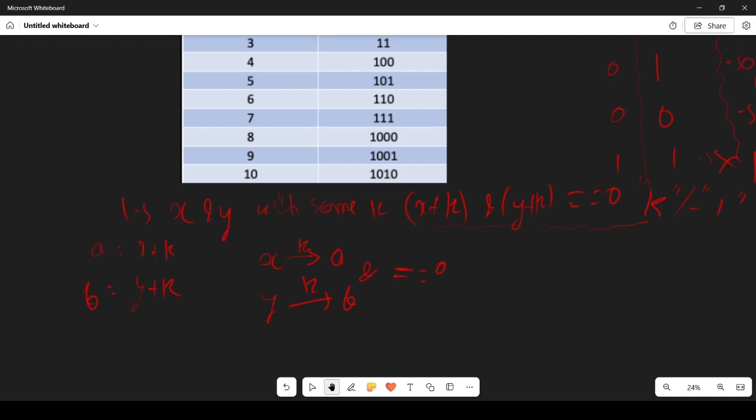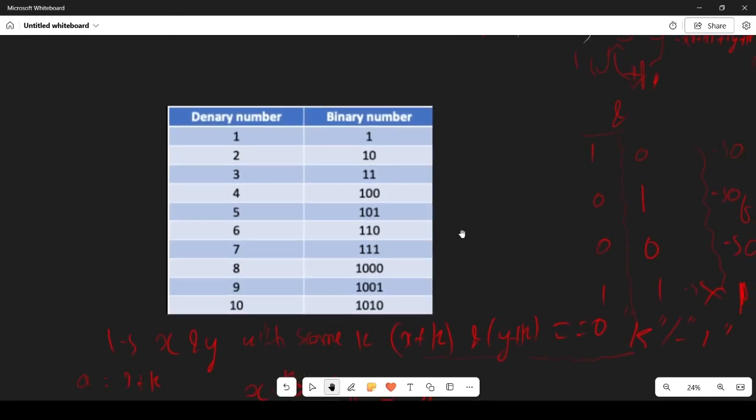If you already have the knowledge of this property, it would be easier. But if you just go and see this table, it becomes really easy. Just focus on this one. 4 AND with any of these values would give you 0, right?